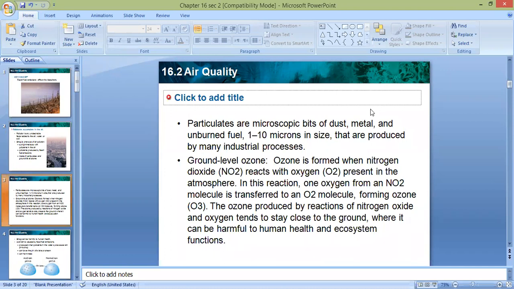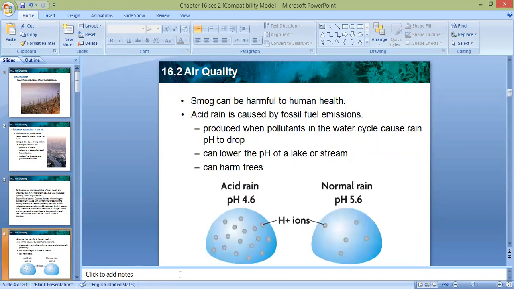Ozone is good high in the atmosphere because it protects us from the UV light. But when it is produced near the ground, it is harmful to the ecosystem and will affect ecosystem function. Anyone has any question about this part, guys?